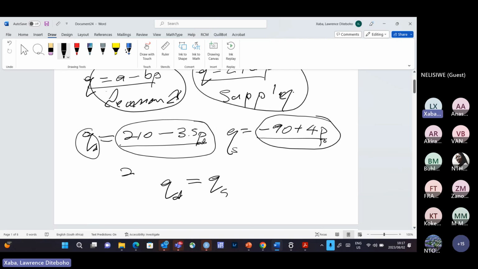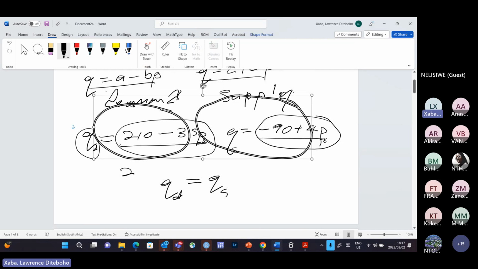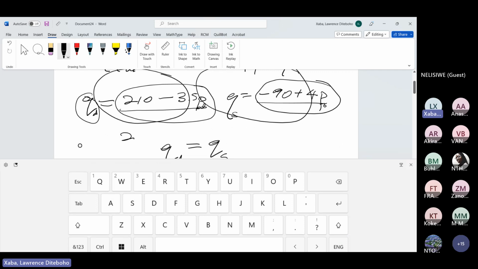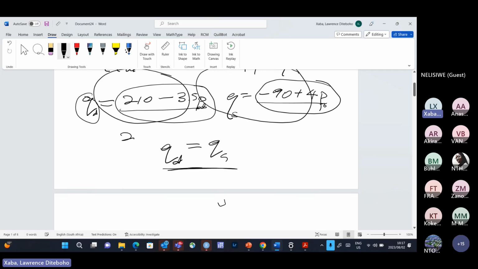If you look at this equation, what is happening? This is the same. If you look at this condition where we are saying Q subscript D equals Q subscript S, this represents this part of the equation, Q subscript D. In the case of Q subscript S, this is the equation that will substitute this part, because mathematically QS equals minus 90 plus 4P.